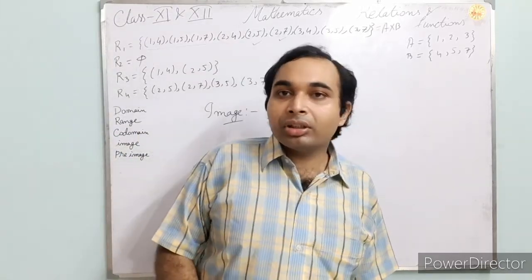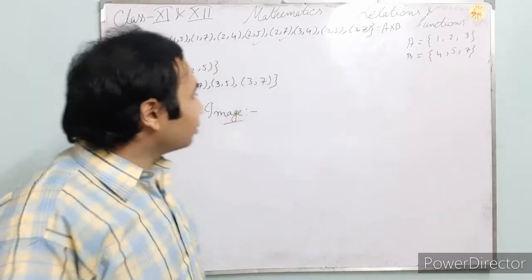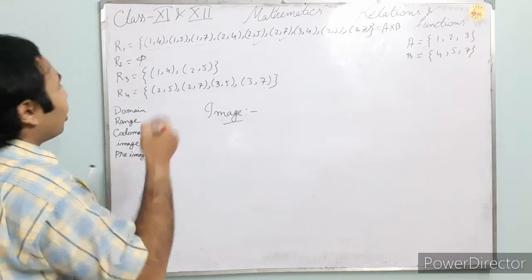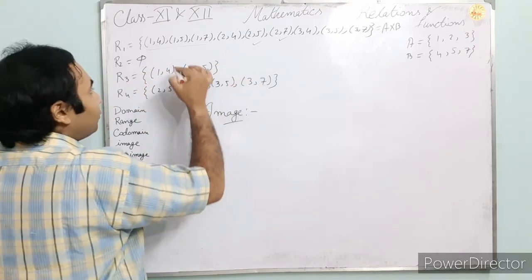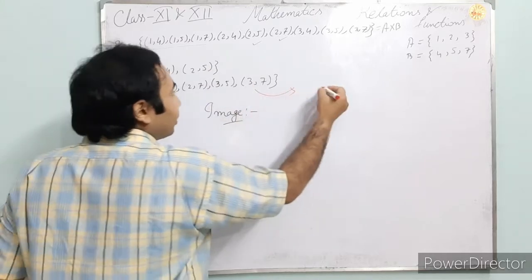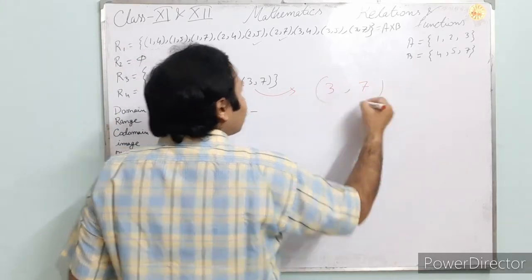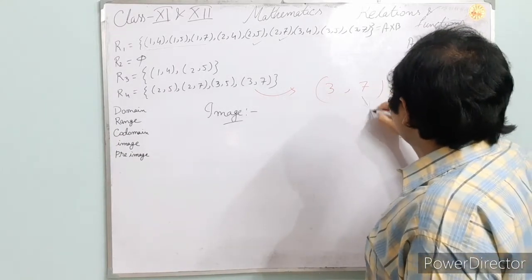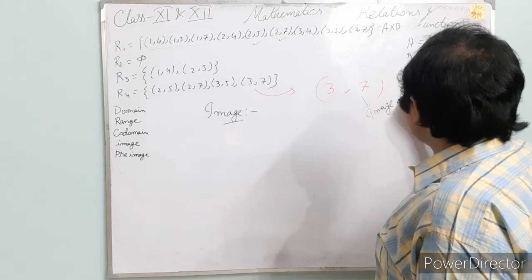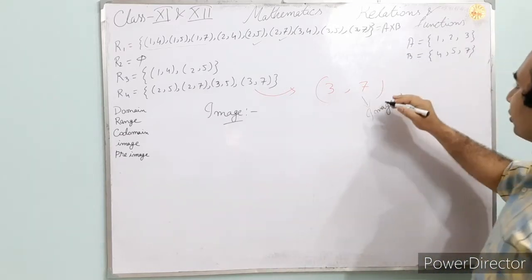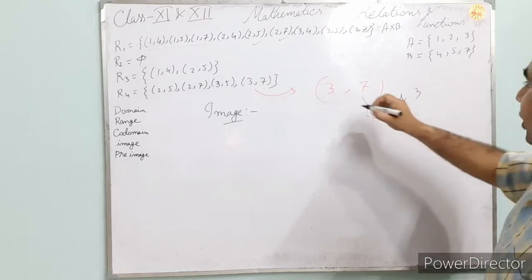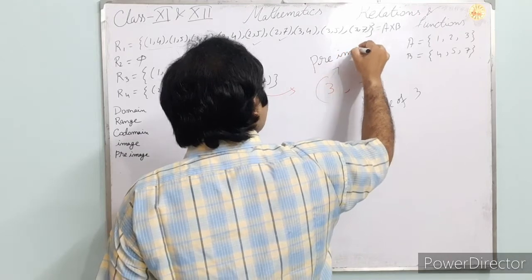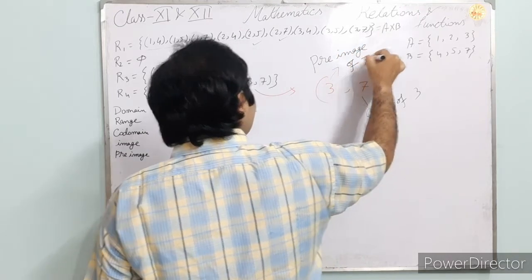Here also, for the second term of each relation, if I write (3, 7), this 7 is called the image of 3, and this 3 is obviously the pre-image of 7.